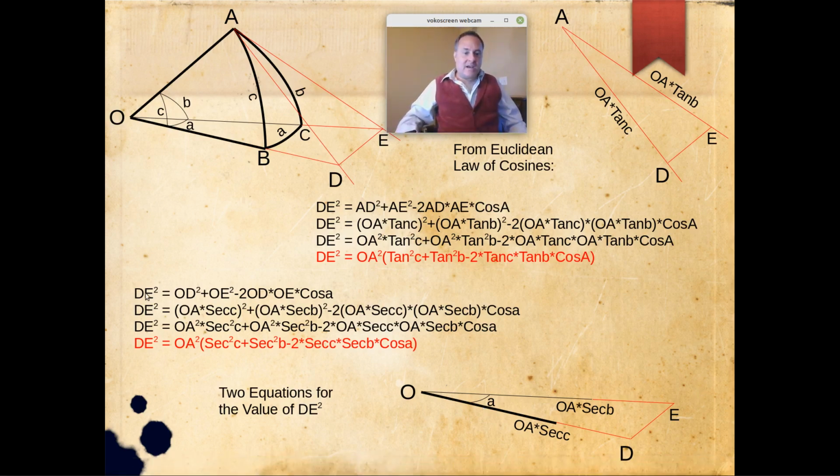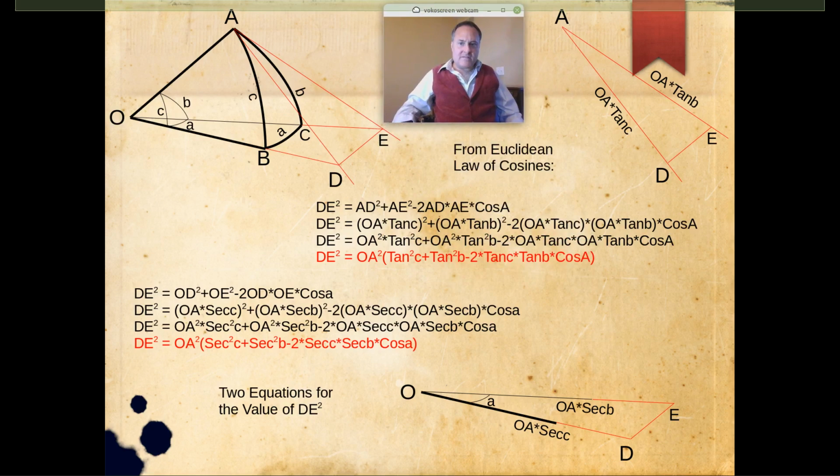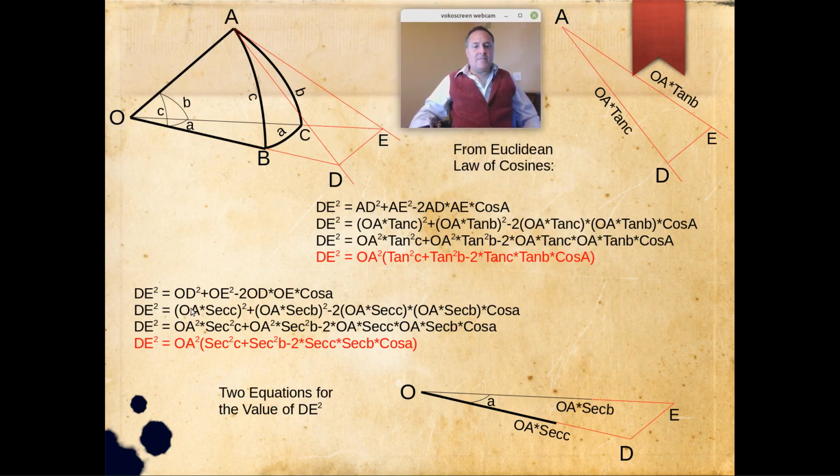And so we have DE squared, this is the law of cosines again. So the square of the missing side equals the square of one of the sides plus the square of the other side minus twice the product of the sides times the cosine of the enclosed angle, little a in this case.